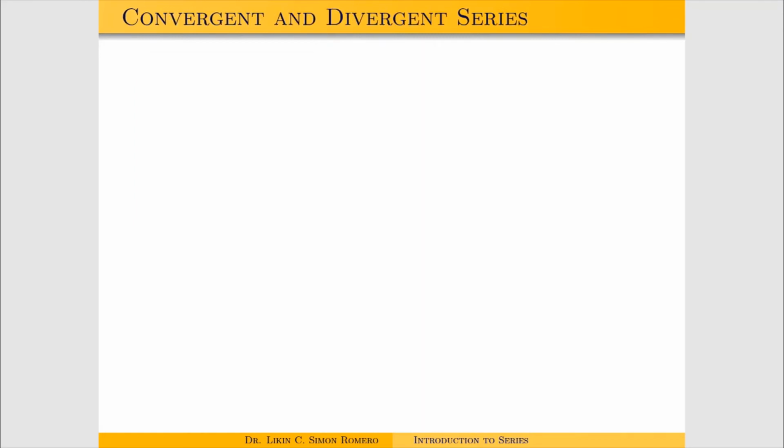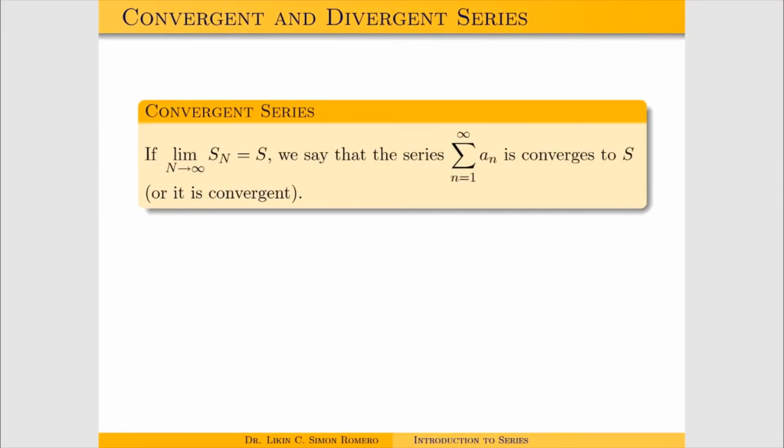Now, one issue that came up when talking about the limit of a sequence is that sometimes this limit did not exist. And so just like for sequences, where we could define the idea of a convergent sequence and a divergent sequence, we can do the same for series. So a convergent series is a series in which the sequence of partial sums of that series converges.